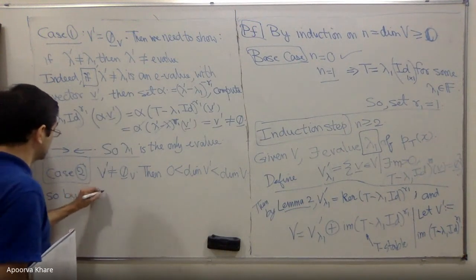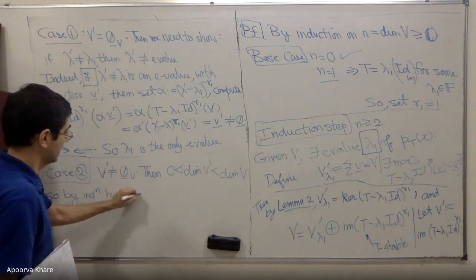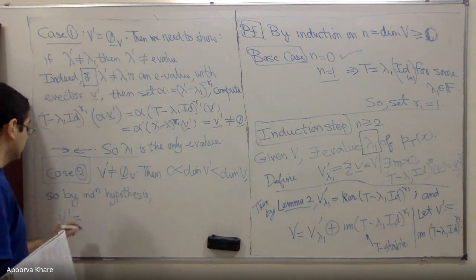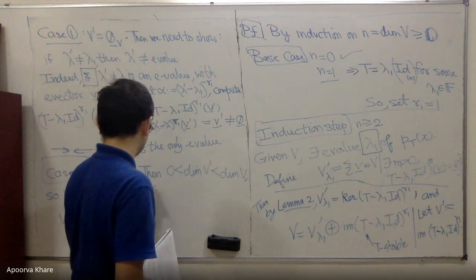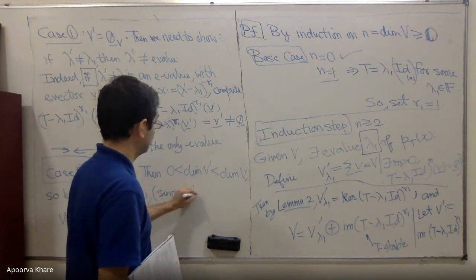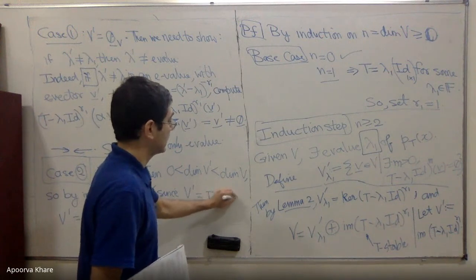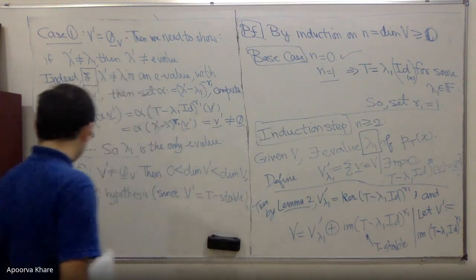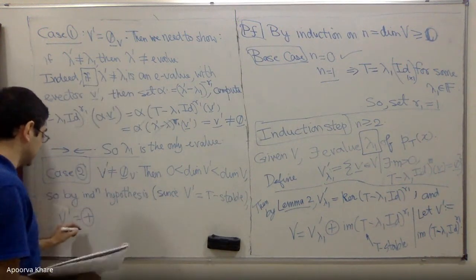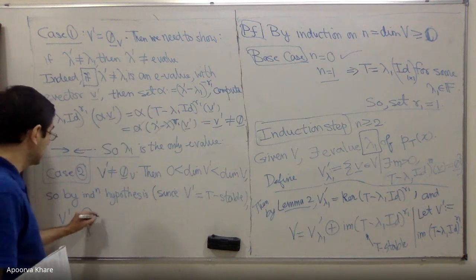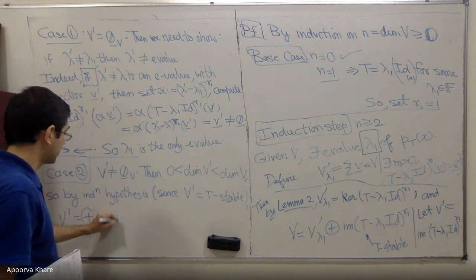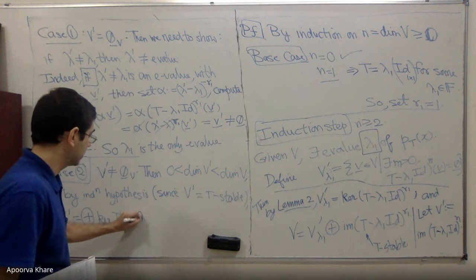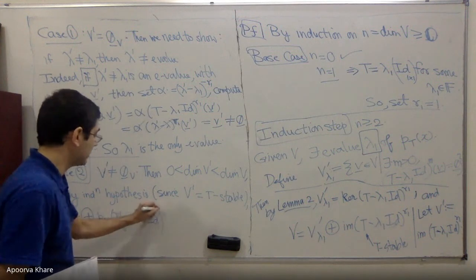So by my induction hypothesis, you can write down V prime. Oh, and V prime is T stable, again by lemma 2. So V prime is the direct sum, over some scalars lambda which are the eigenvalues, of the kernels of T restricted to V prime minus lambda identity, to some power r.